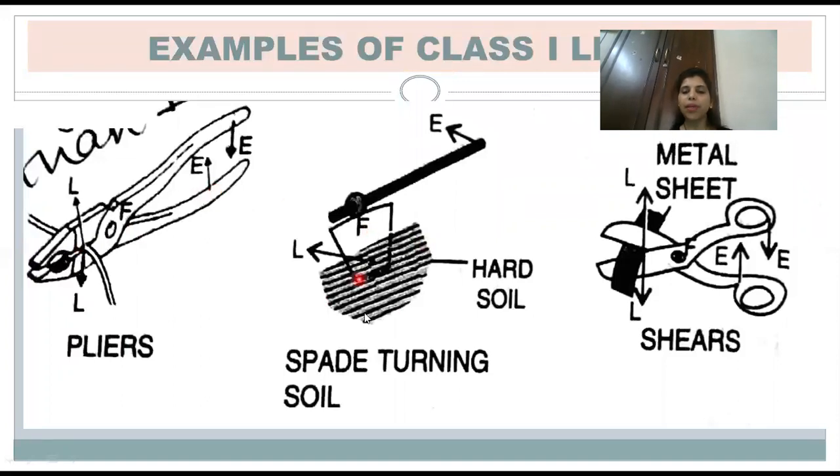Similarly, you will see a spade, which is helping to turn the soil. Here also the fulcrum is at the center, load and effort are on either side. This is the load which you try to turn with the help of this spade, and this is where you apply the effort. So this spade is a class 1 lever.